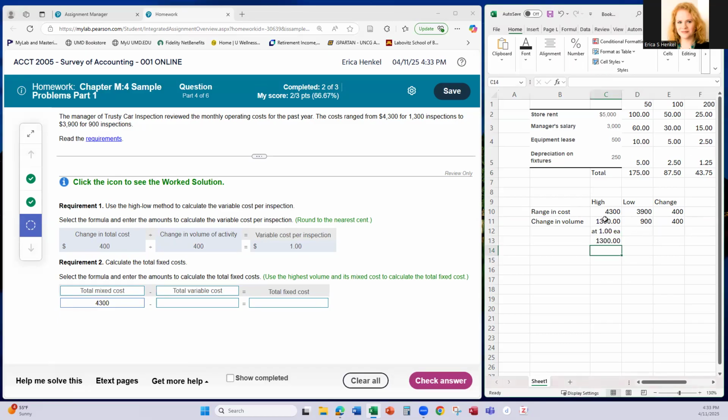So 1,300 times 1 is 1,300. If we take this total cost of 4,300 and subtract out the variable portion, the fixed portion of that mixed cost is what was left, which is $3,000.